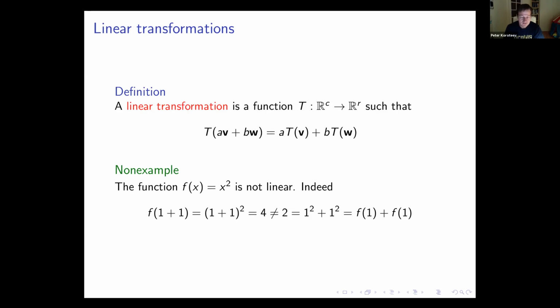So linear functions are a very special subset of functions. In terms of polynomial functions, these are constants and the terms that are proportional to x. Functions like exponential and logarithm are also nonlinear, because this property is not satisfied for them.